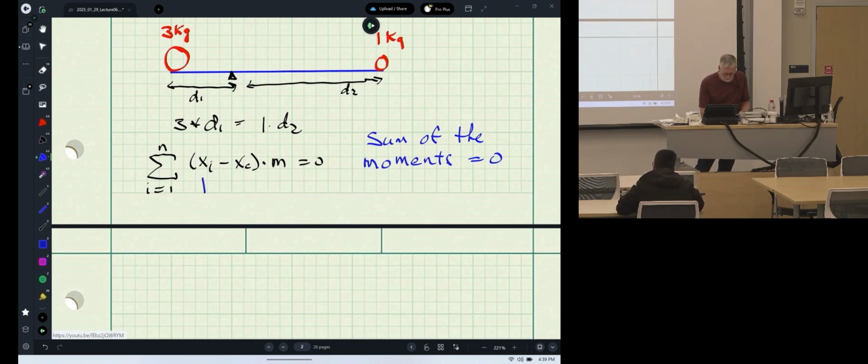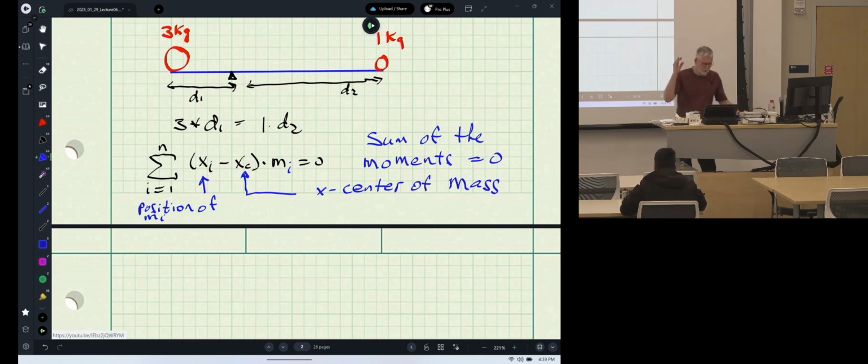Okay, so this is mi, the position of mi. And this thing here is called the x component of the center of mass.